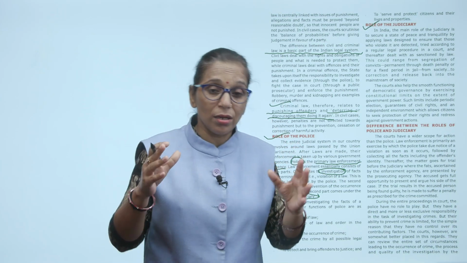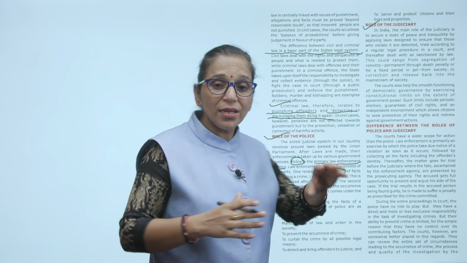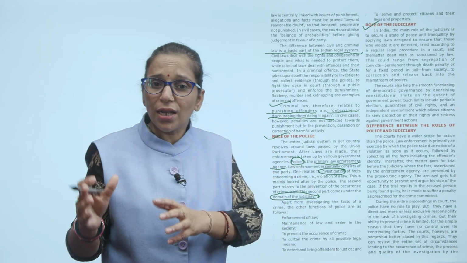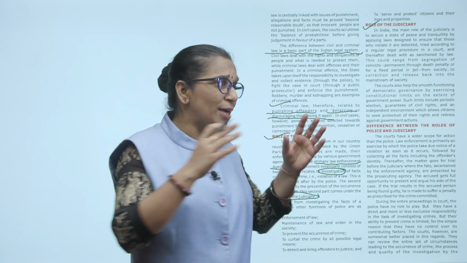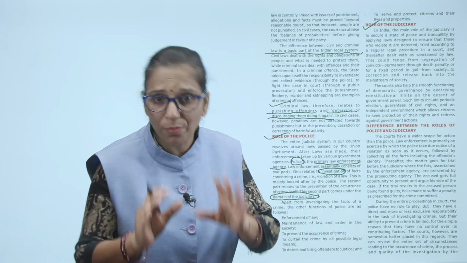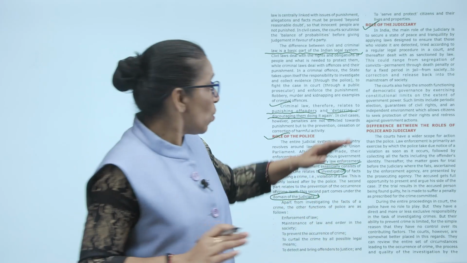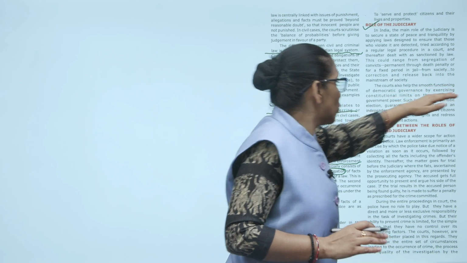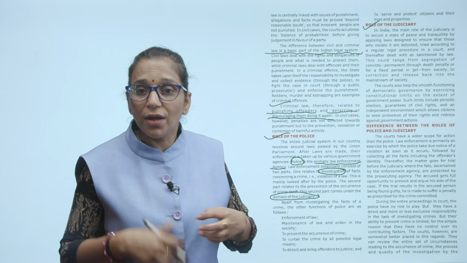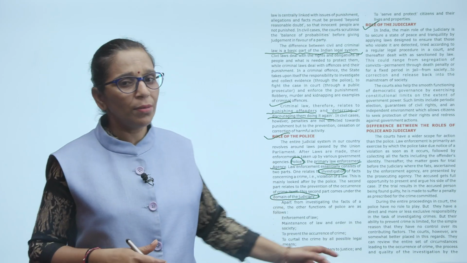Depending on the crime, it depends on the judiciary whether they are going to give him or her capital punishment, or give a chance to go to jail, correct yourself and then come back to the society as a good person. The court also helps the smooth functioning of democratic governance by exercising constitutional limits on the extent of government power.